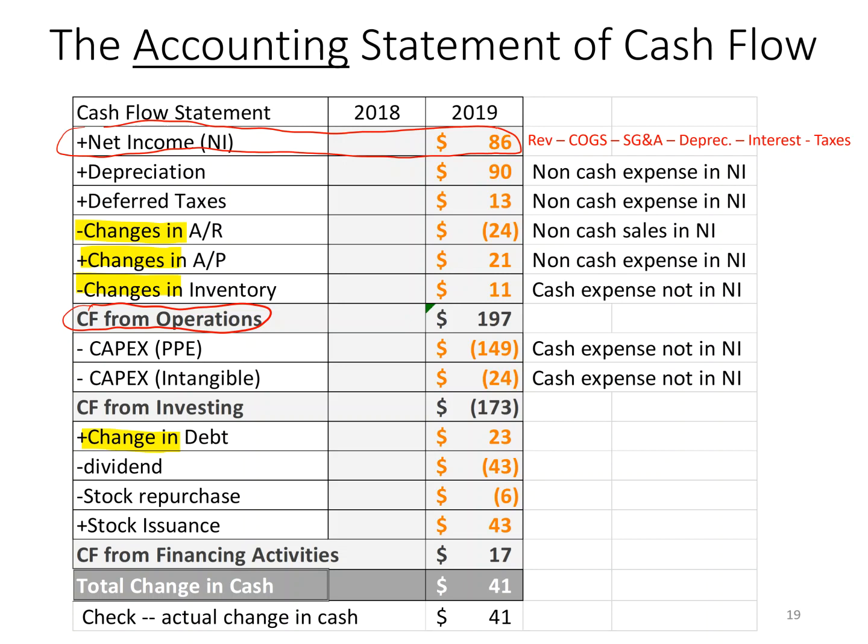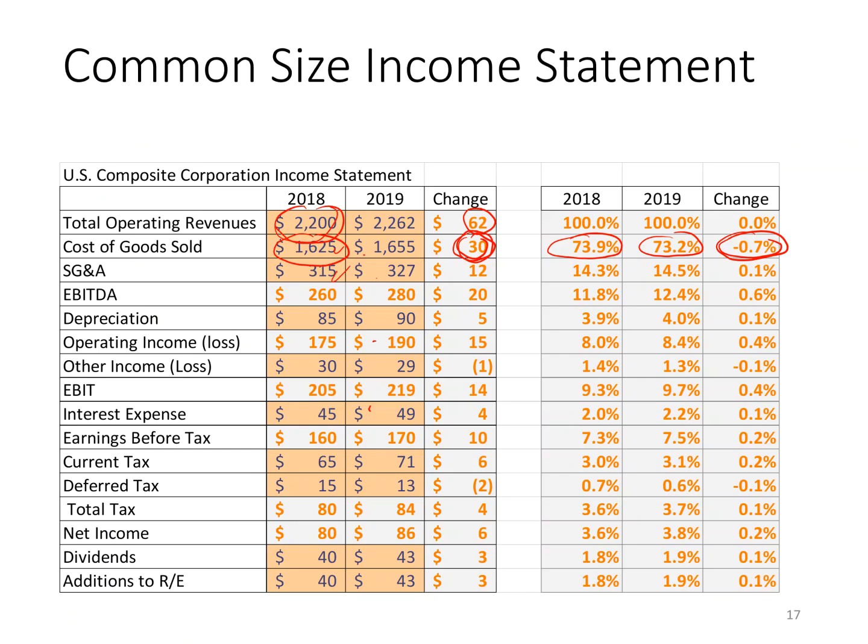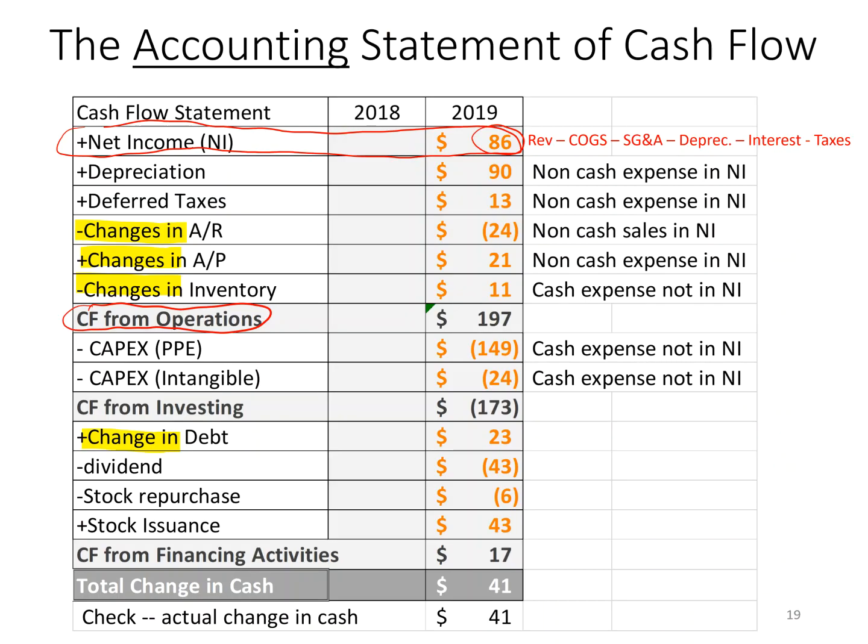So in this 86 number, there was a depreciation of $90 in that year. If I go back to my income statement, there's the $90. Depreciation is not a cash expense. Remember my delivery van example.